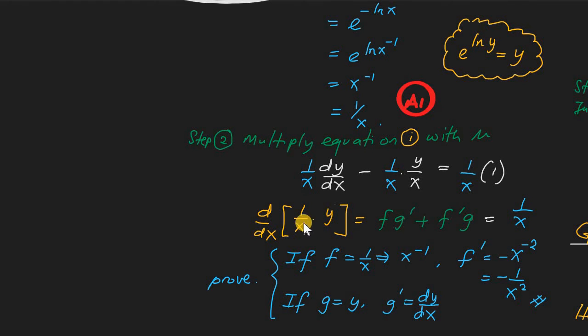You can check it back using the product rule, fg prime plus f prime g, where f is 1 on x. What is the derivative, f prime? The derivative is this one.